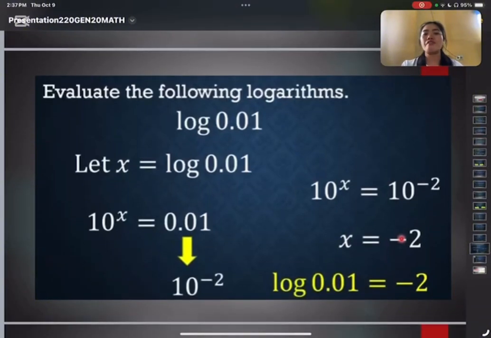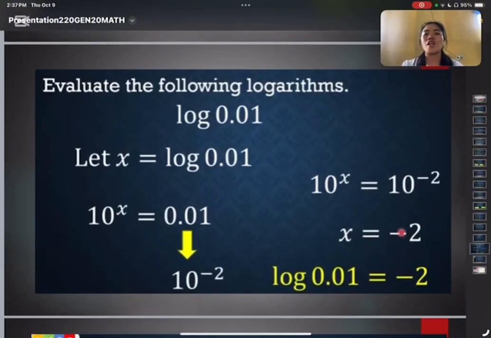Now evaluate this one, the log 0.01. Since there's no base, this is under common logarithm, which we know that the base must be 10. So let x is equal to log 0.01. Then express it in exponential form or equation.